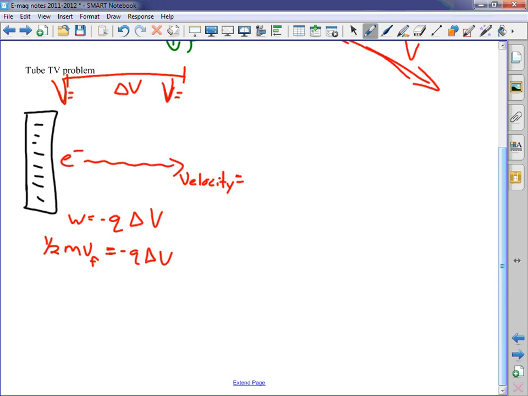I'm just going to go ahead and tell you the electron is coming at it at 3.2 times 10 to the 5th meters per second. So I got an electron now flying that way at that velocity. It encounters a very directed magnetic field going upwards.